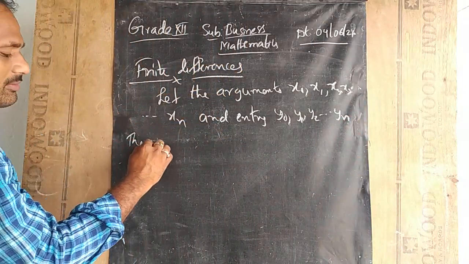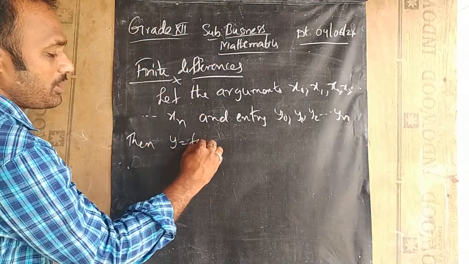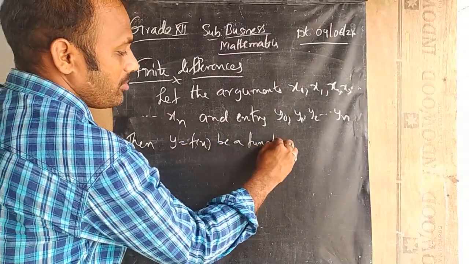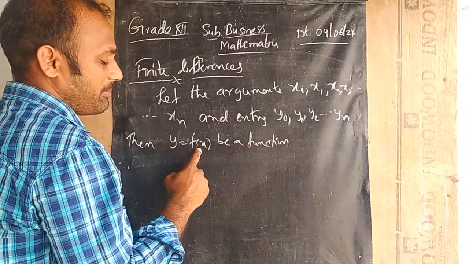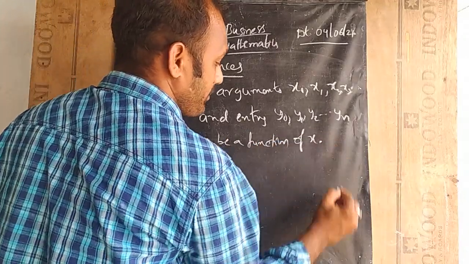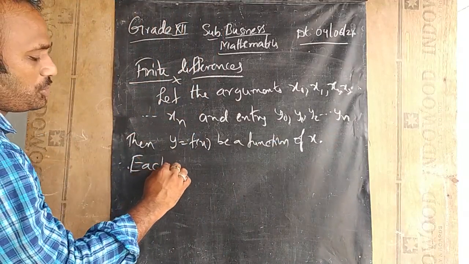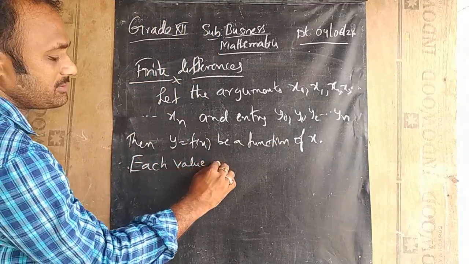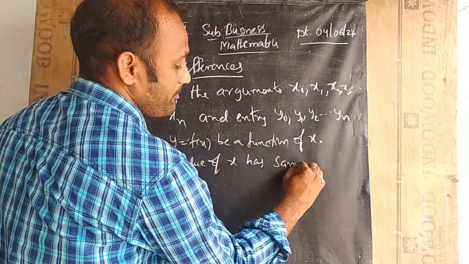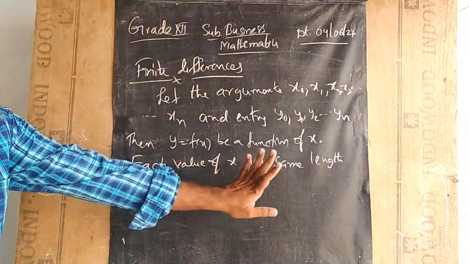Then y is equal to f of x be a function in x. I am taking the function name as y is equal to f of x. Now each value of x has the same length, meaning they maintain the same length gap.